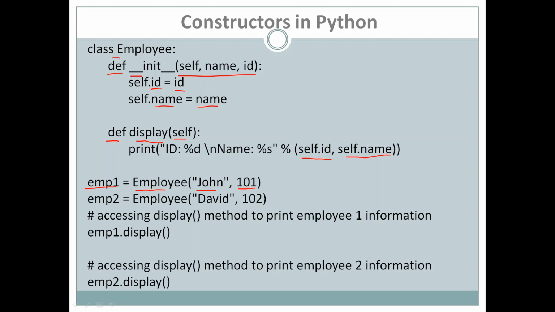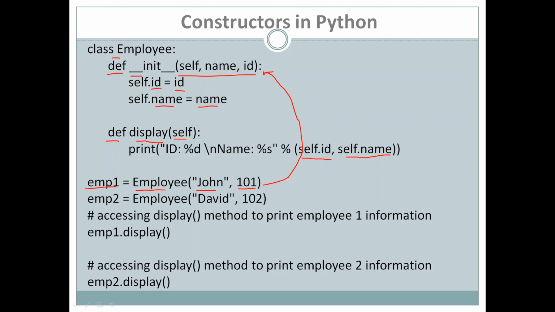So we are here instantiating the object emp1, and we are passing the values John and 101. So from this particular point it calls the init function, and to the init function we are passing values John and 101.